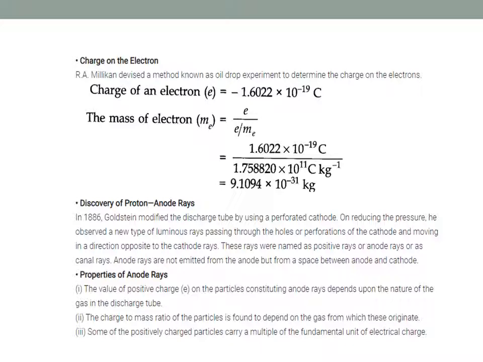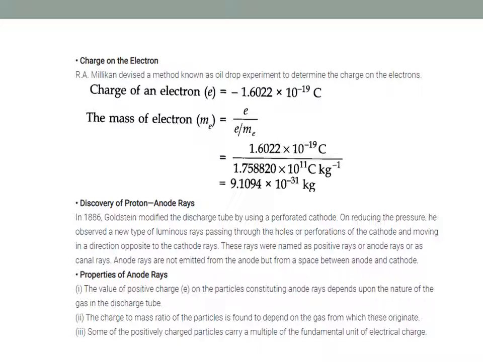These rays were named positive rays or anode rays or canal rays. Anode rays are not emitted from the anode but from a space between anode and cathode.